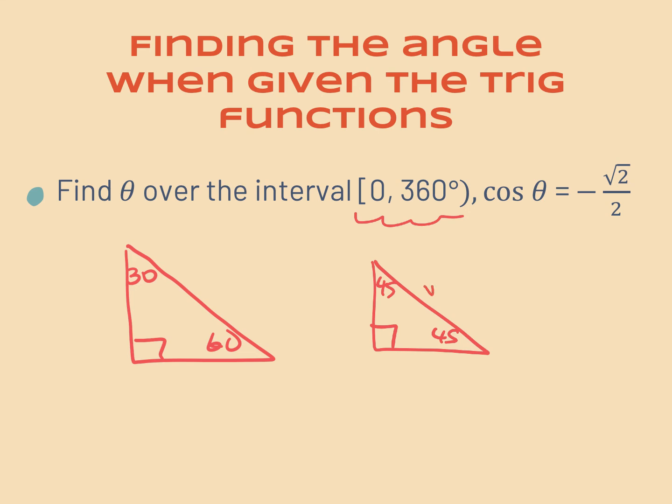So a clue here, remember in the 45, 45, as soon as you see square root 2, that's a clue that automatically your reference angle is 45. If you see square root 3, then it's either going to be the 30 or the 60. We don't know which, and that's where we're going to have to figure out which one it's going to be. So what you can do is figure out what all of these are ahead of time, but I'll show you what I mean by that in a minute.